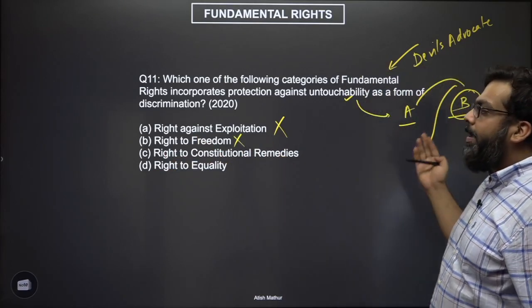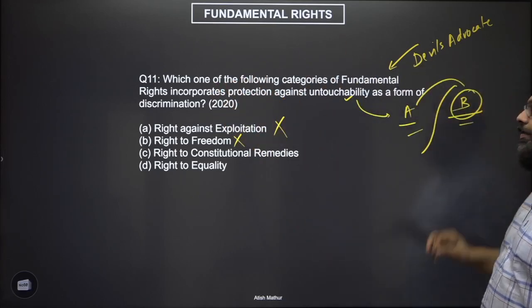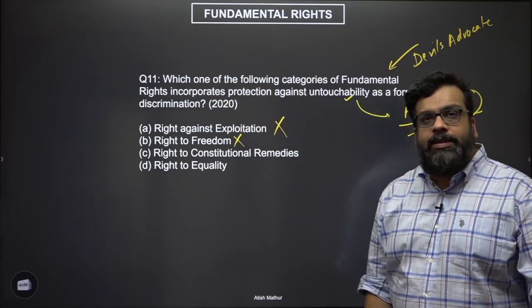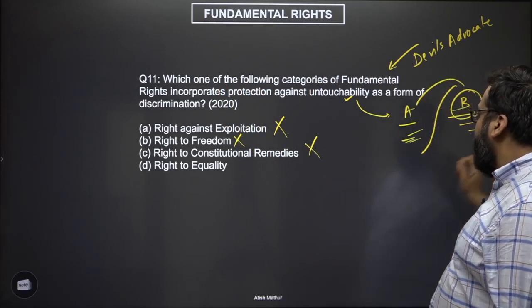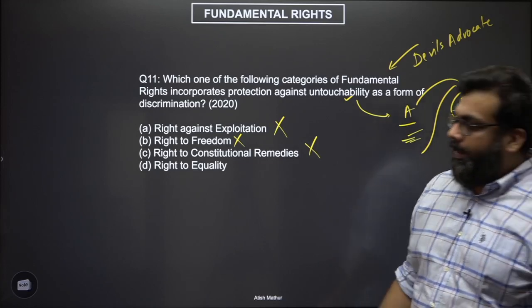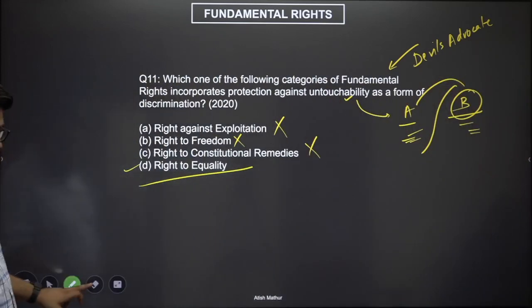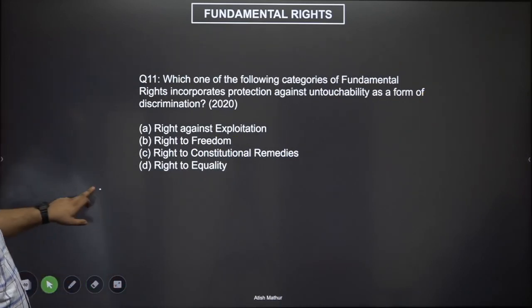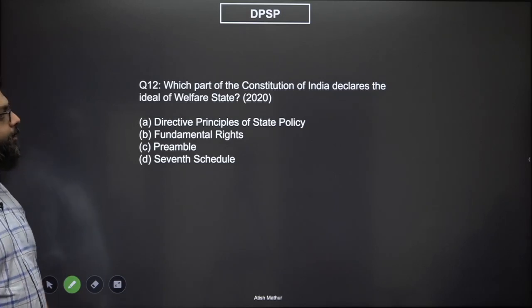Are you stopping B from going to court just because you're treating them differently? No. The court doesn't discriminate on untouchability. What you're essentially doing is treating people unequally. So your option answer D is your correct answer. Okay? There you go.